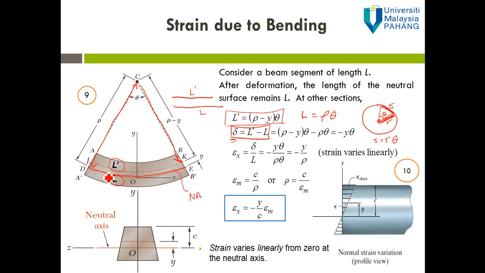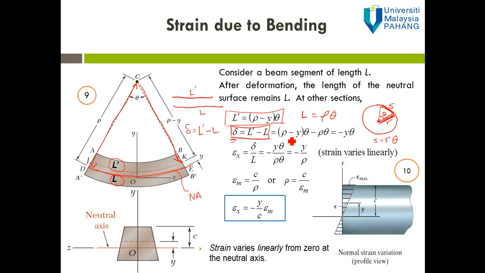We know that at the neutral axis the length is constant before and after deformation. That's why we say the deformation is equal to the final length minus L, because L is constant before and after deformation.